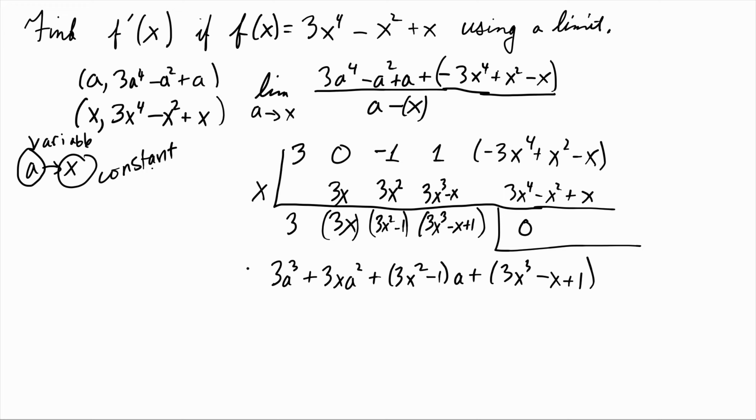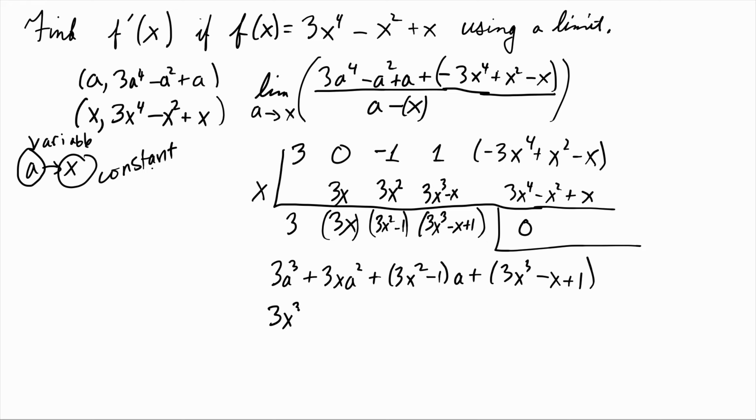Now what we've just done is we've taken this expression and rewritten it like this. Notice we don't have a domain problem. We can actually stick x in for a here, and so then that's going to be f prime of x, the derivative function of this guy right here. If we plug an x value into it, it'll give us the slope of the tangent line.